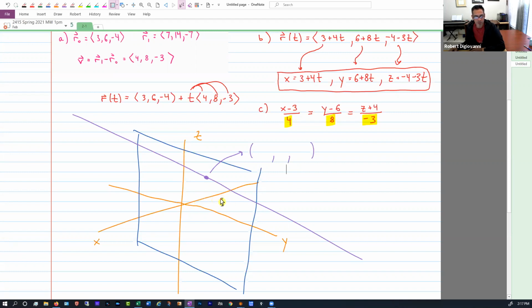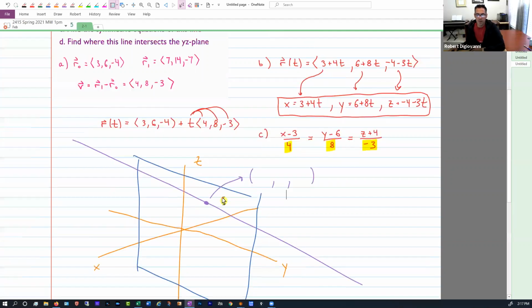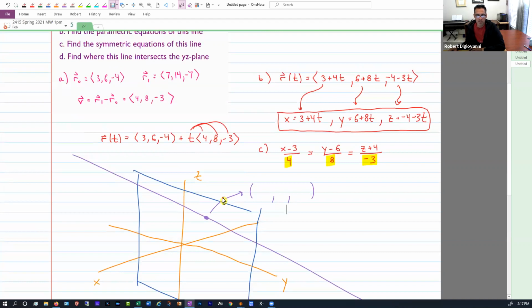I wish I could turn this so we could look at it. It's kind of hard to decipher. But if you're on the YZ plane, that means your y coordinate can be anything and your z coordinate can be anything. So the x has to be 0, right? Now, if your x has to be 0, what could you use that might help?